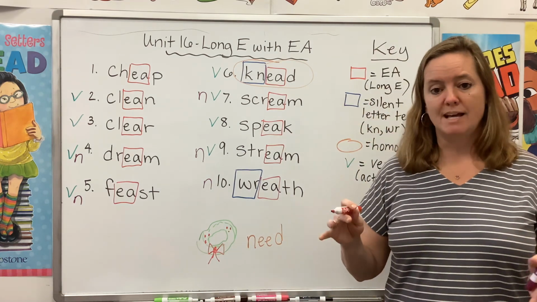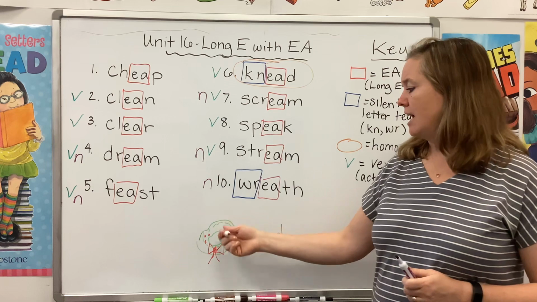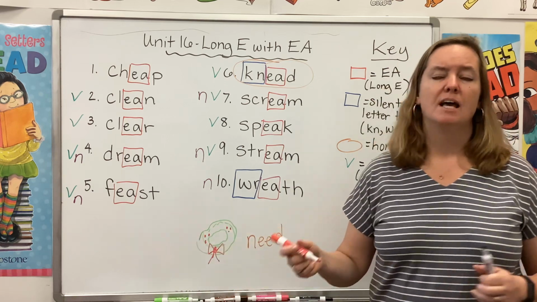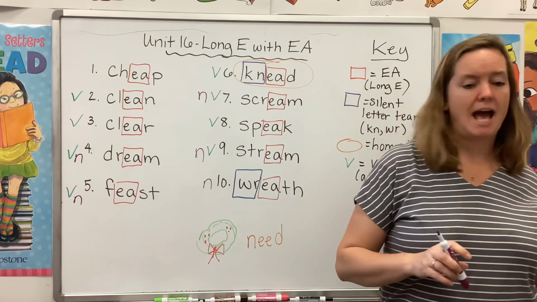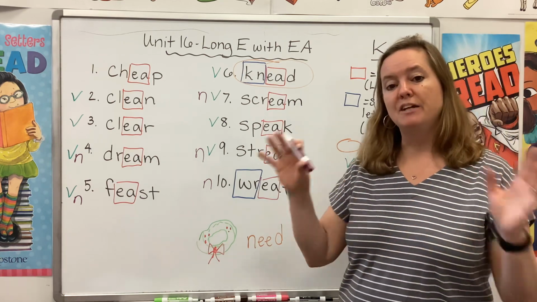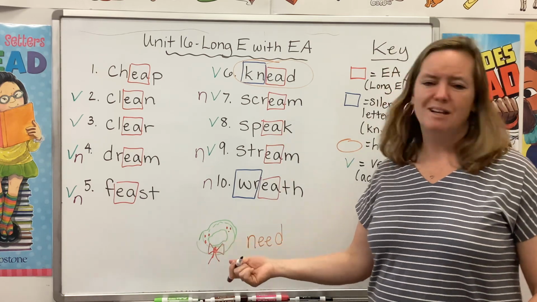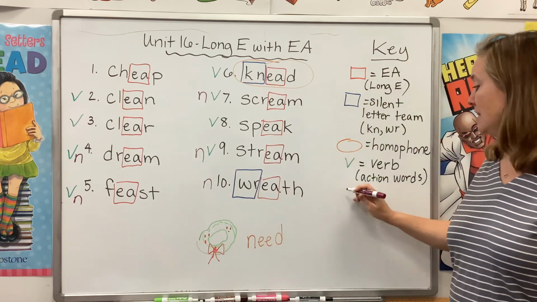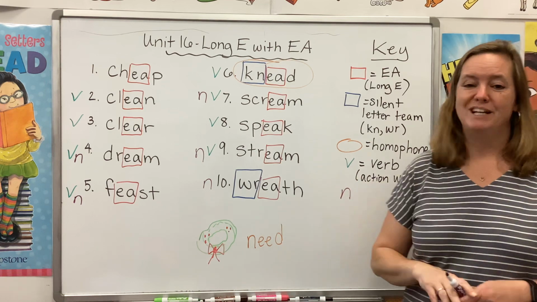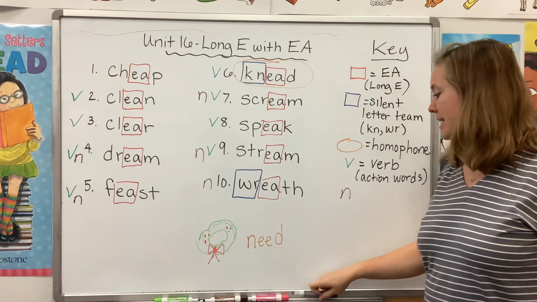It's a nice door decoration. You can have other kinds of wreaths. I've seen wreaths for fall made out of red and orange leaves. I've seen spring wreaths made with flowers. So you can make a wreath out of anything. But that is definitely a thing. So we're going to put an N next to that for noun.